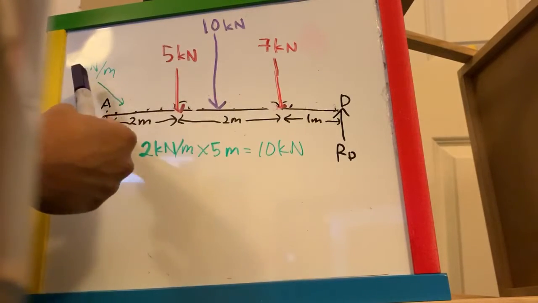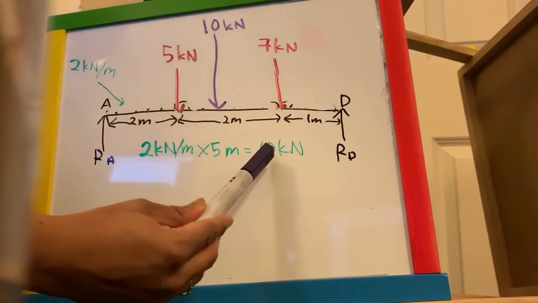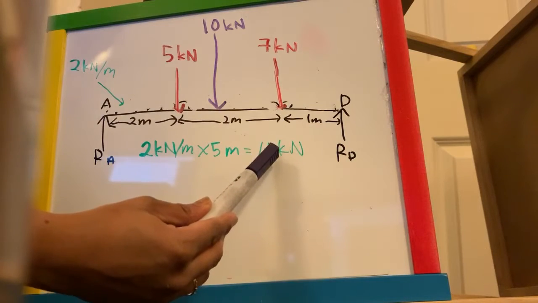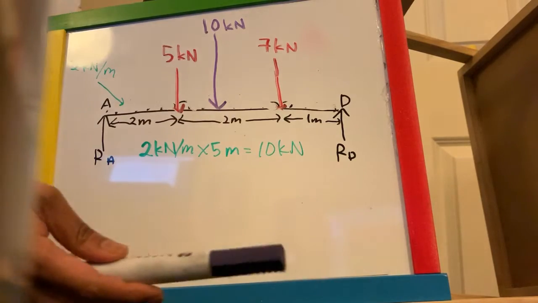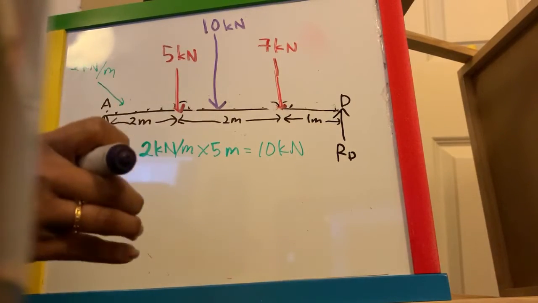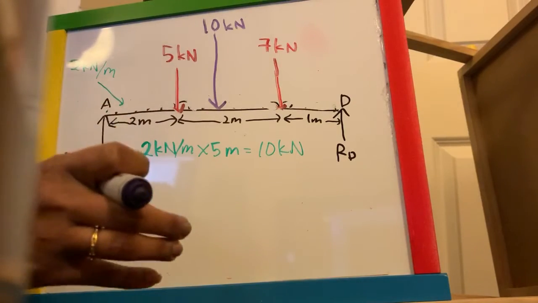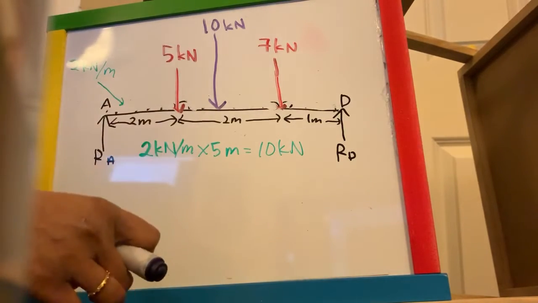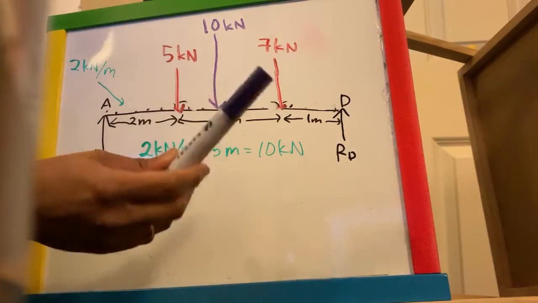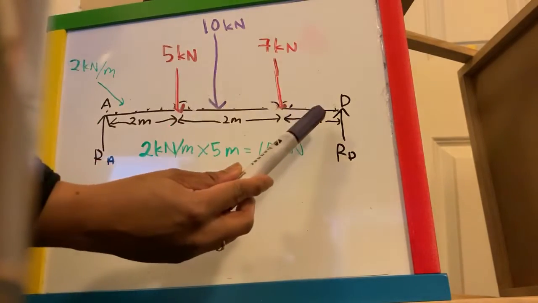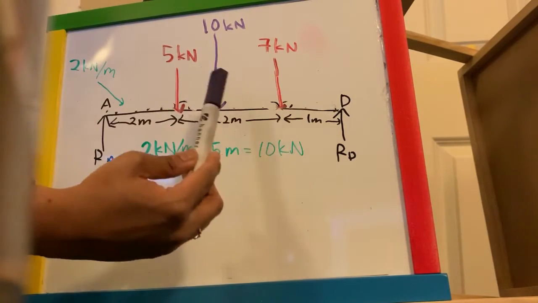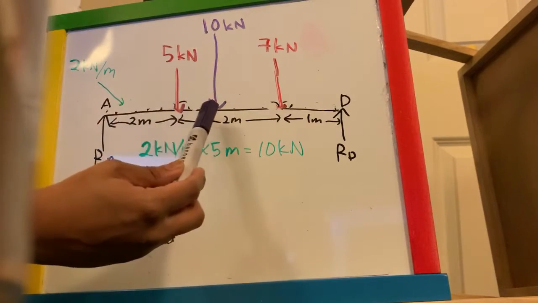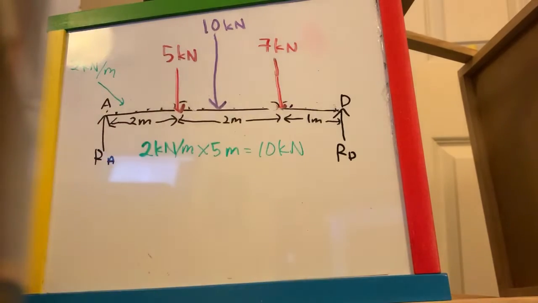So we multiplied 2 with 5, which gives you 10 kilonewton. This 10 kilonewton has to be a single point load situated in the middle of the distance that it covers. So it is there at 2.5 meters from both ends.